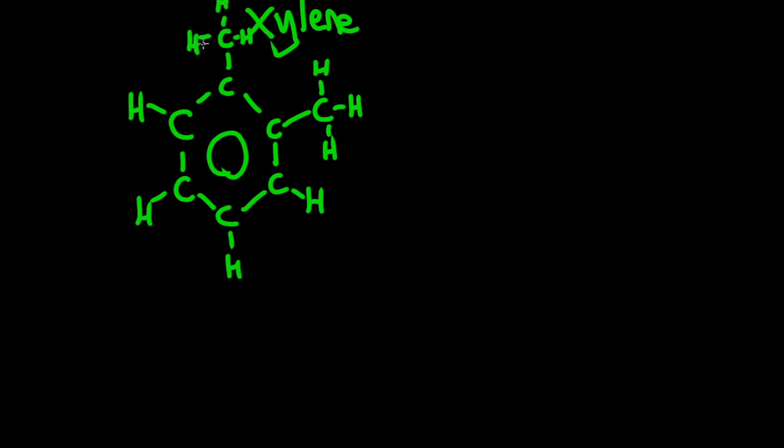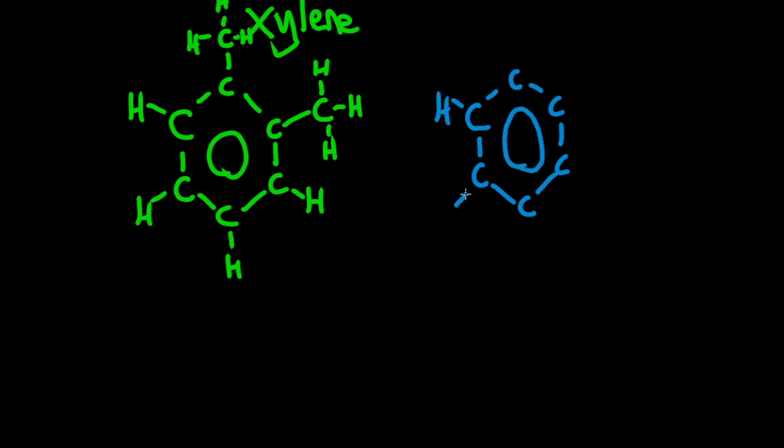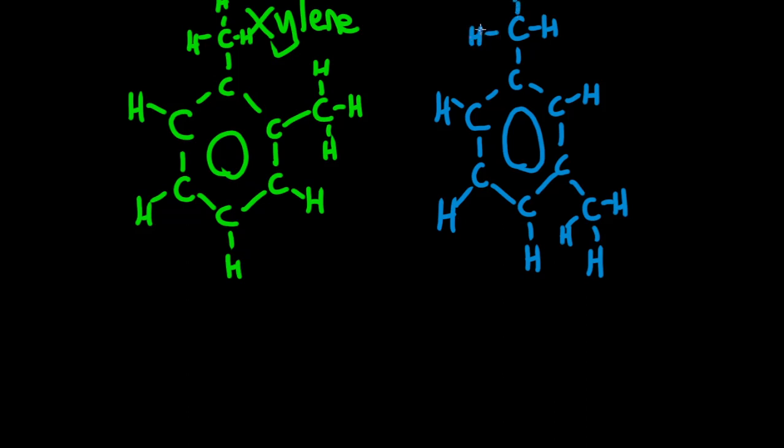Okay. Now, the thing with xylene, because I've got 2 methyl groups, I have 3 different isomers that I can have. Alright, so I'm going to draw another one. And now you'll see that my methyl group is in a different spot. Or at least one of my methyl groups is in a different spot.